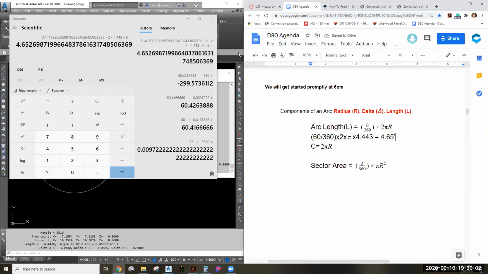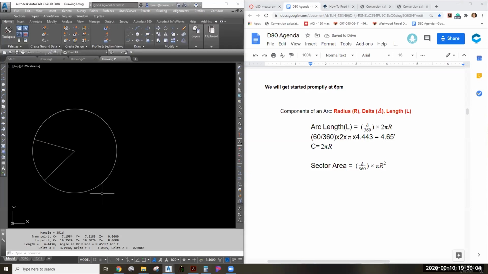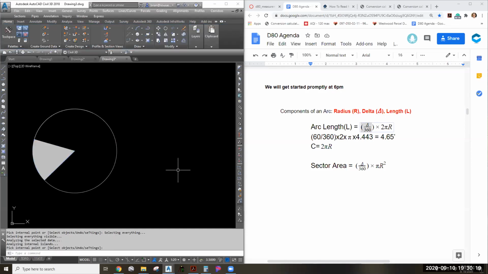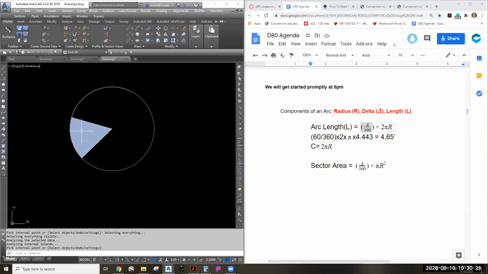Okay. So this is just a fraction of the total. It's just this area. If I do hatch of this area, so that area is this distance.